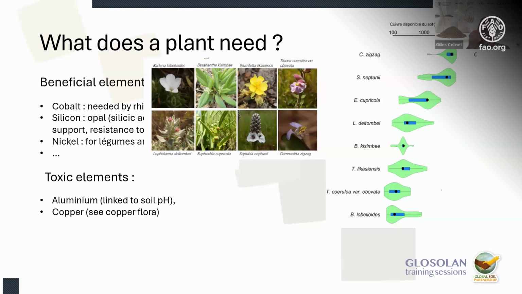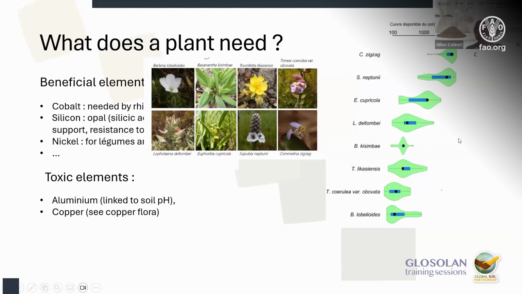For a series of plants, the idea is to study their distribution, where they can grow according to the content of copper in the soil. Here you have a scale which goes from 100 milligrams per kilo, or ppm, of available copper in the soil to 10,000. So at some places there are very huge amounts of copper in the soils, and you have plants that are tolerant to these areas where other plants cannot grow.